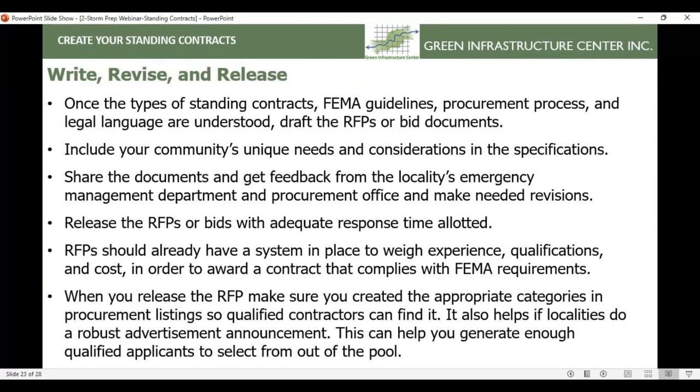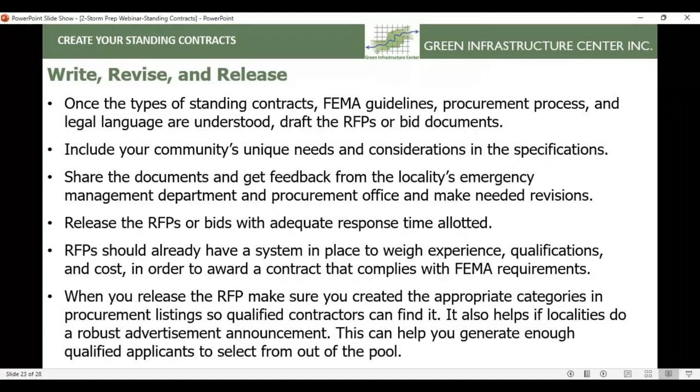And my last pro tip, from the School of Hard Knocks: release these contracts in the winter. We had a situation several years ago where our contract expired, and because we had a computer hack, we were not able to rebid them for several months, and that was right in the middle of hurricane season.